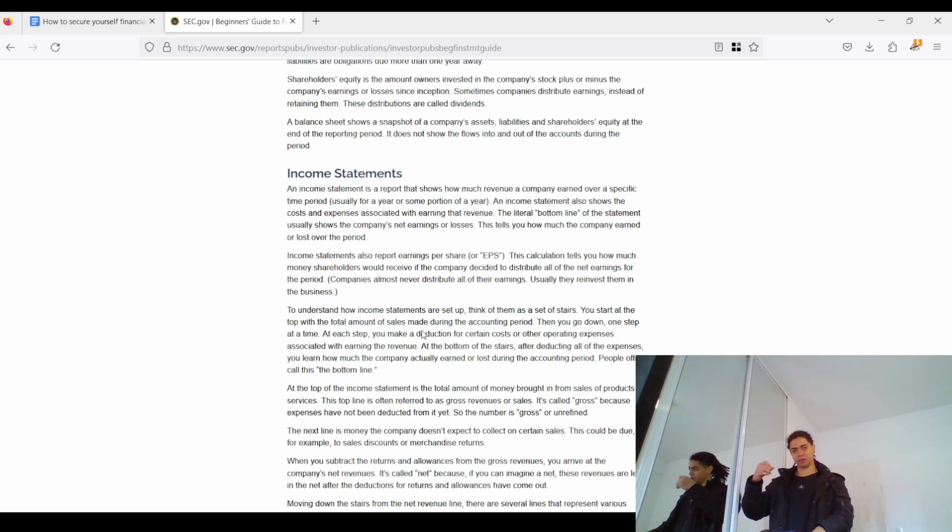For example, marketing or research and development, administrative salaries, that kind of thing. So once you deduct that, you reach the operating profit before interest and income tax.